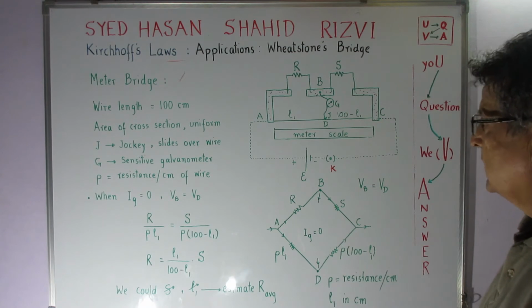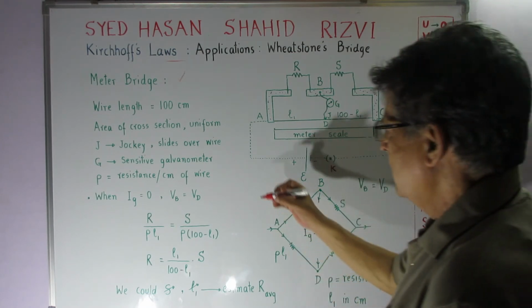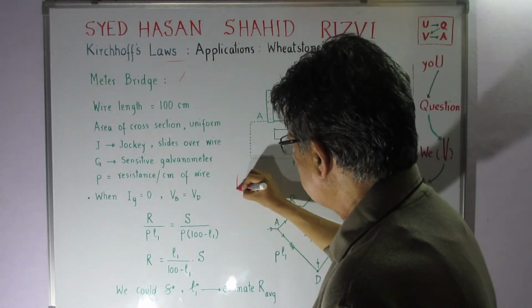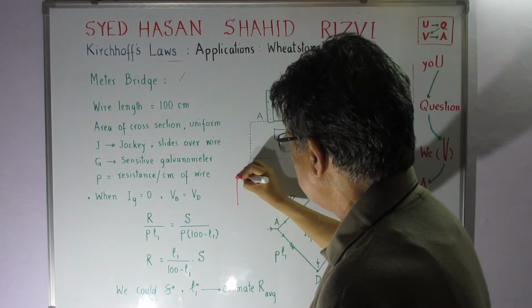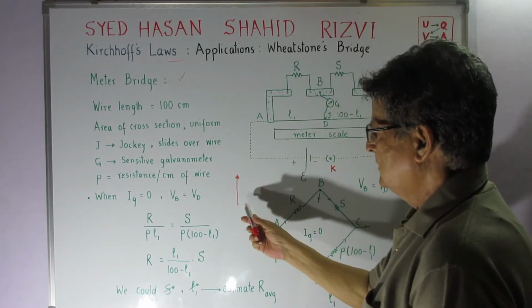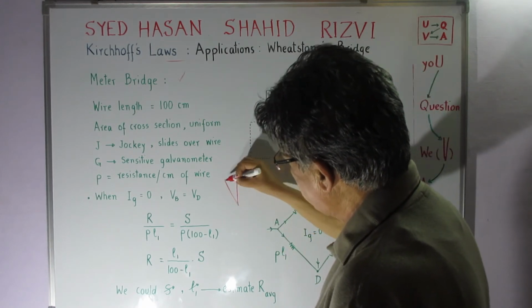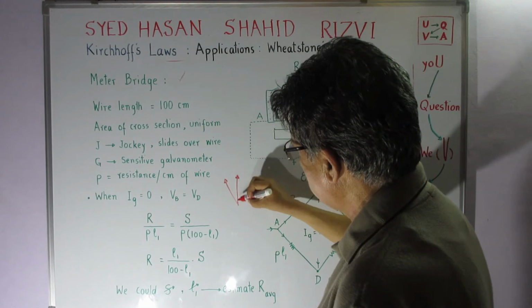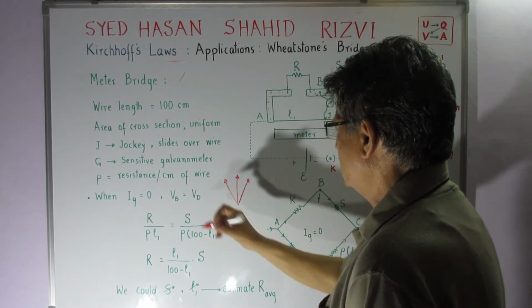When the current in the galvanometer, and the galvanometer is something like this. It has a key, it has an indicator which is normally in the center, and if the current is in one direction, it goes like this. If the current is in the other direction, it goes like this.